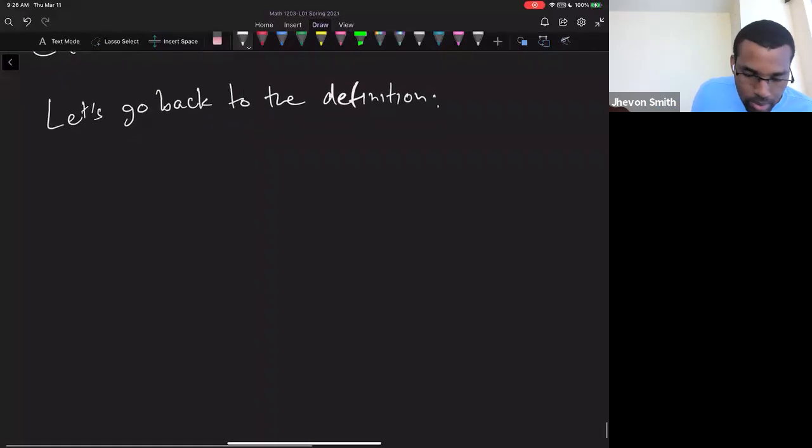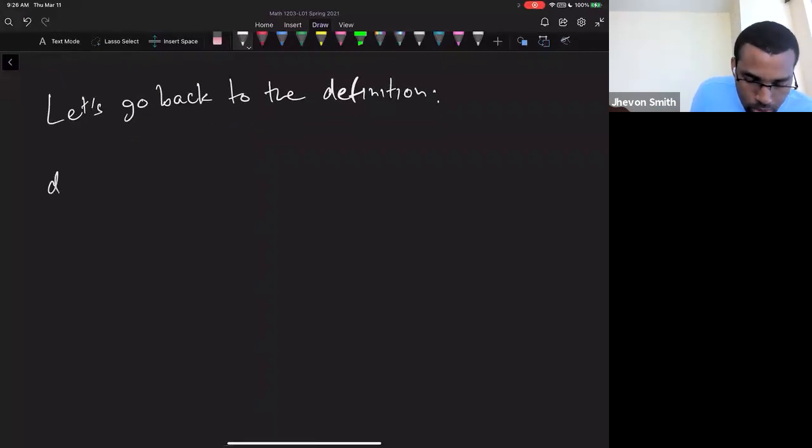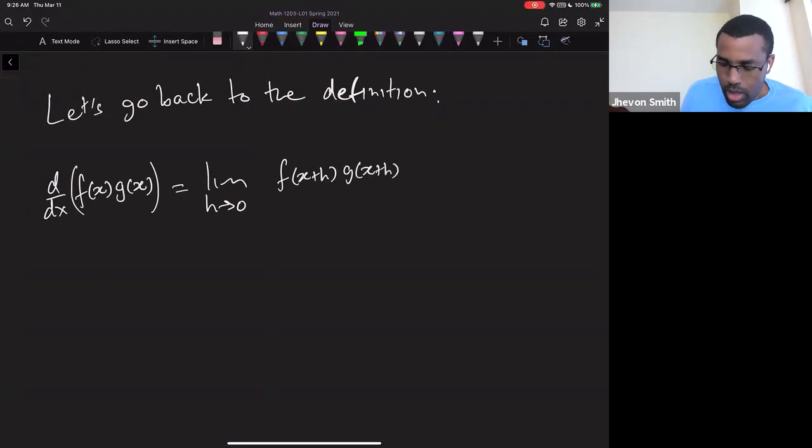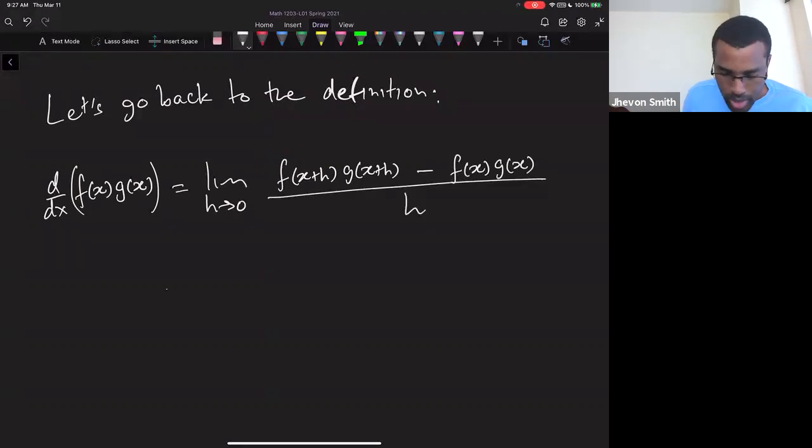Let's see what we can get from the definition. The derivative of f of x times g of x is the limit as h approaches 0 of, we plug in x plus h, minus plugging in x, all over h.